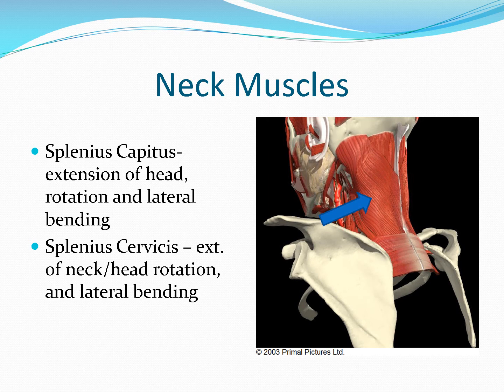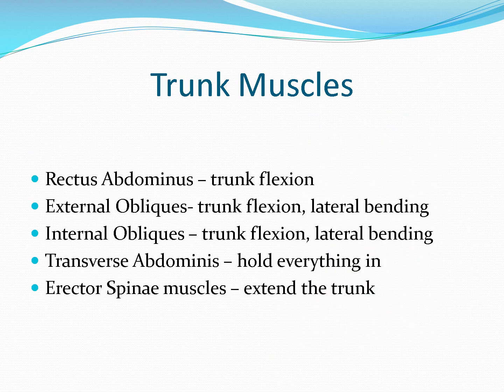The splenius cervicis incorporates more than the head, and it's the neck as well. So it's extension of the neck and head, as well as rotation and lateral bending when they're turned on unilaterally.